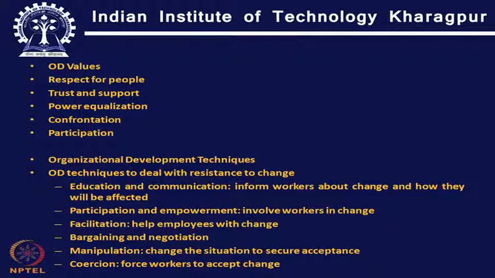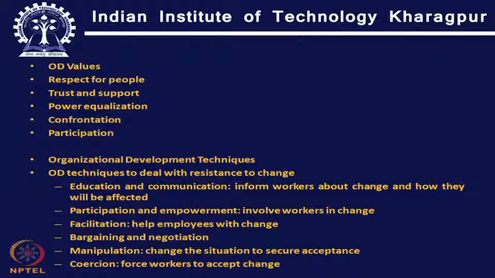The OD values are, first, respect for people, then trust and support, power equalization, confrontation, and participation. So, first we should respect each and every person, we must have trust and support for the activity, support others to develop, support others to express themselves, and there should be a power equalization.